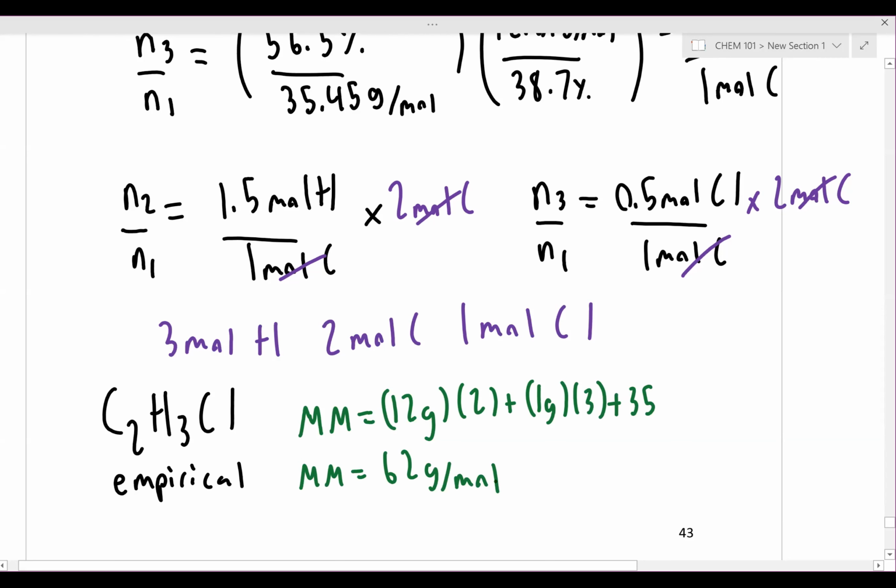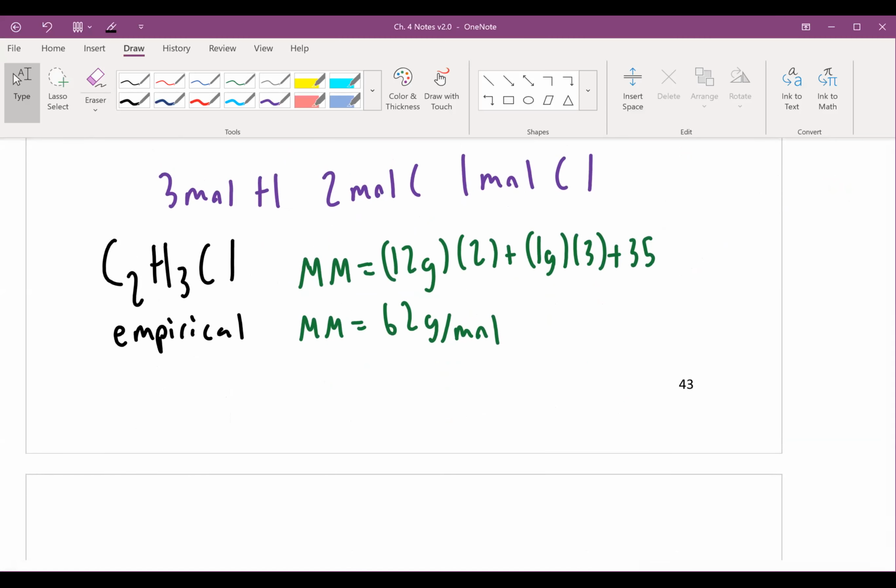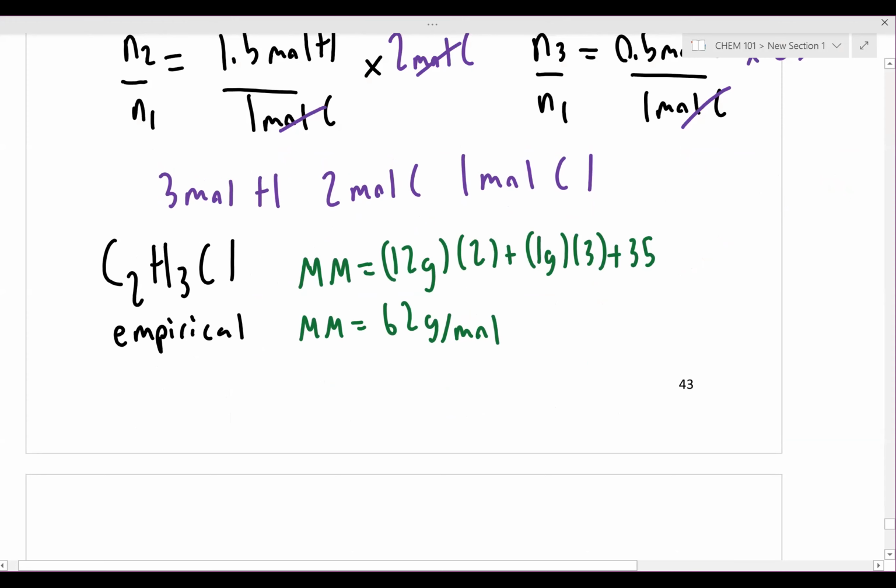We now are ready to calculate N. And in order to complete our calculation of N, we're going to need to use one more piece of information. Given N is our molar mass of our molecule over the molar mass of our empirical subunit, what were we given in the problem for the molar mass of this molecule?